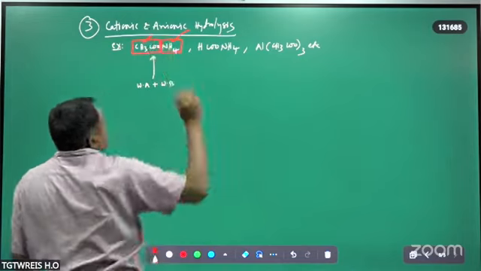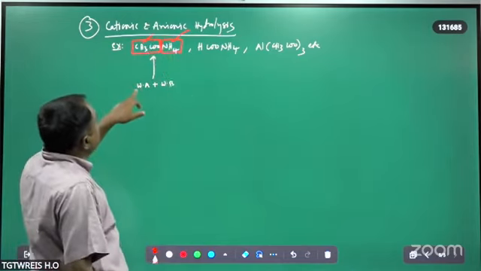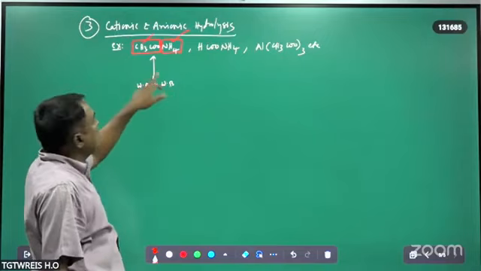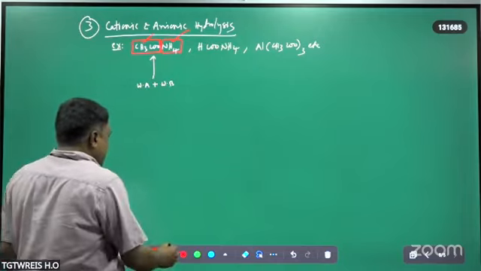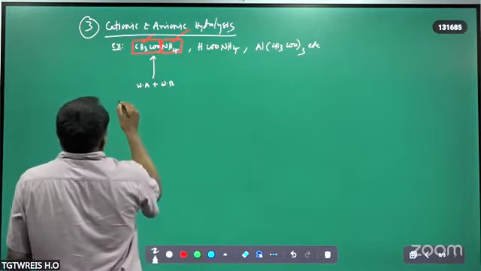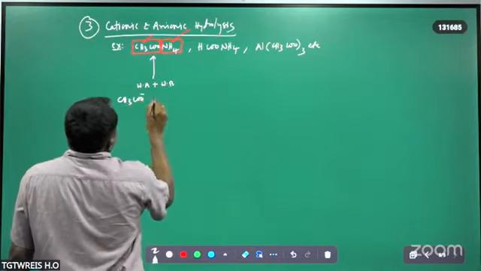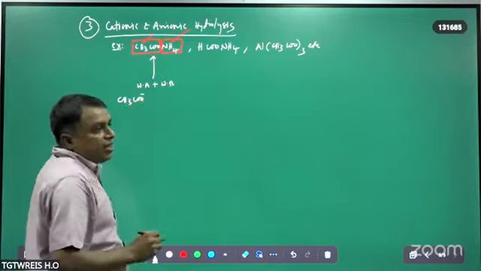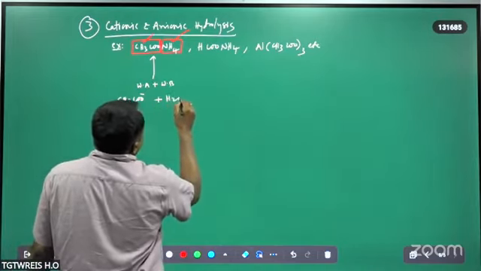Both undergo hydrolysis because they are the conjugates of weak acid and weak base. They are very strong. That's why they undergo hydrolysis. For example, CH3COONH4. In which we have the acetate anion, which is strong. That's why it undergoes hydrolysis to form what?